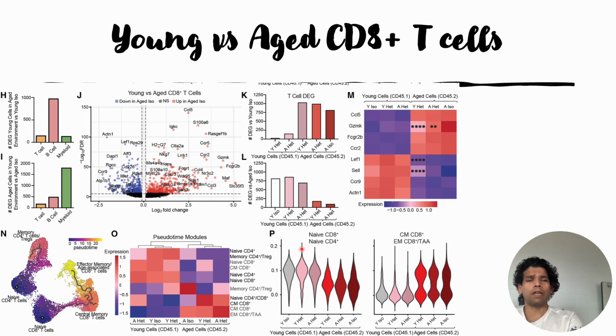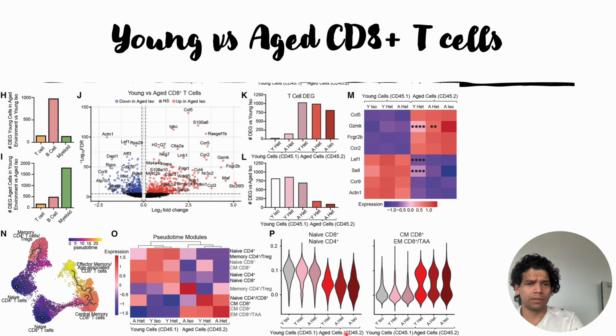These two previous results are further confirmed by the violin plot, where we can see that in the heterochronic conditions the naive CD4 plus T cell population goes down in the aged cells, whereas the effector memory CD8 plus T cell population goes up.